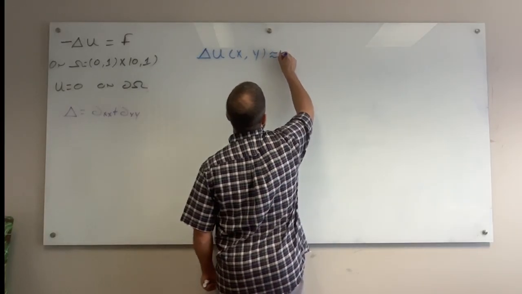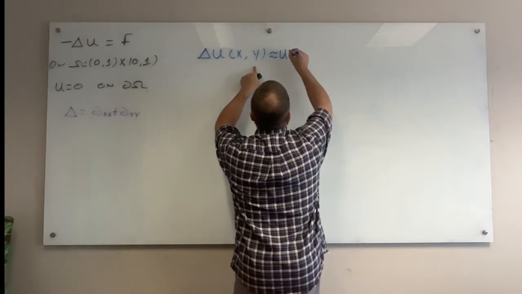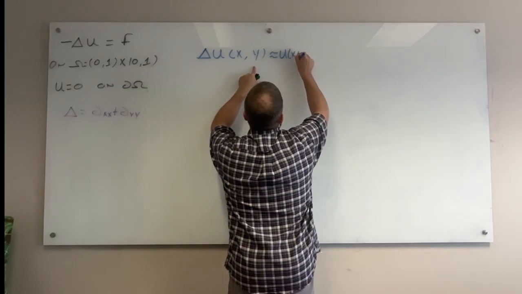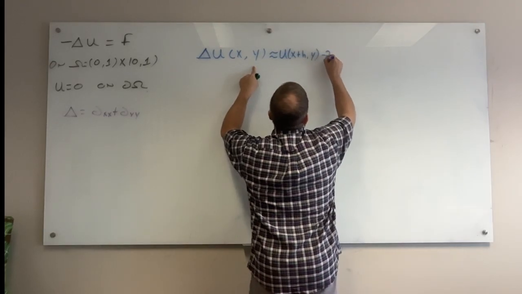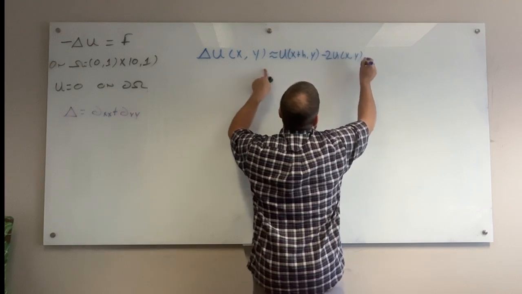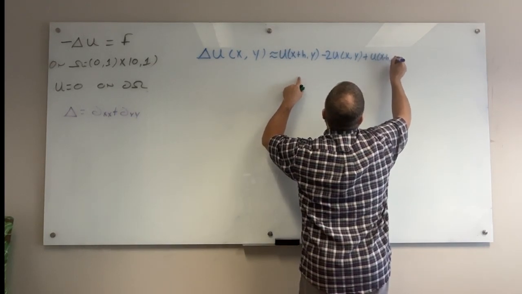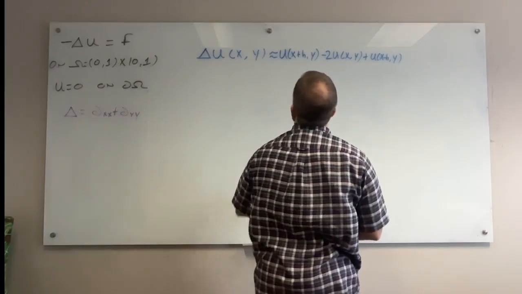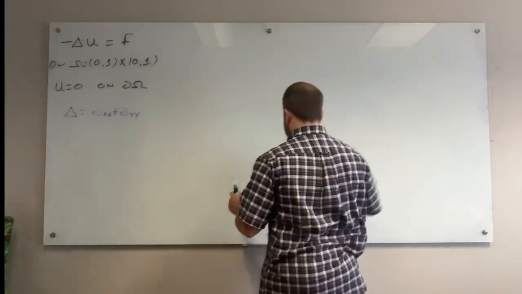It's going to be equal to u. I'm going to hold y fixed and do the derivative in the x variable. So we're going to have u(x plus h, y) minus 2 u(x, y) plus u(x minus h, y). Okay, now I see that I'm going to run out of room, so I'm just going to rewrite this all below.